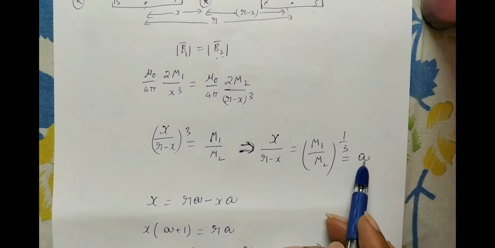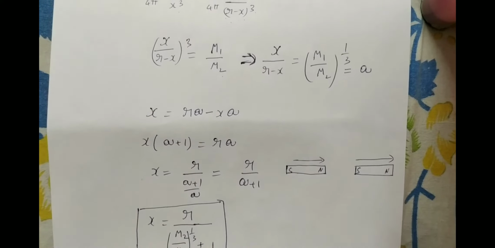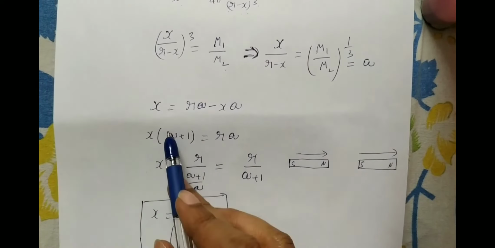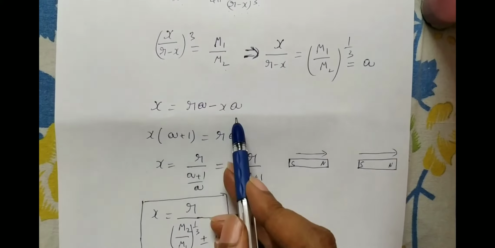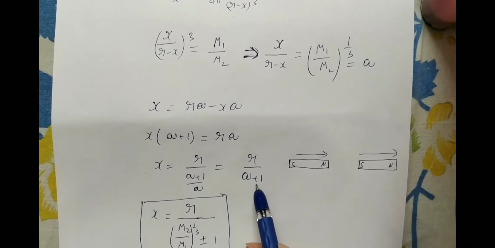You take that as A for easy calculation. Finally we can substitute the A value here. And x is equal to RA minus xA, and calculating the x value you get R by (A plus 1).